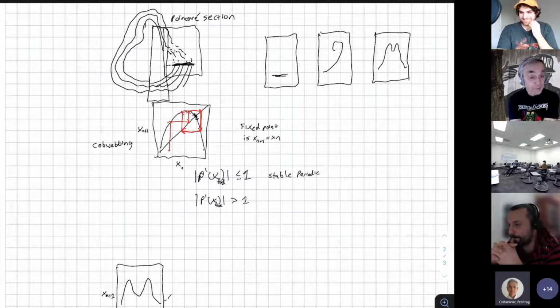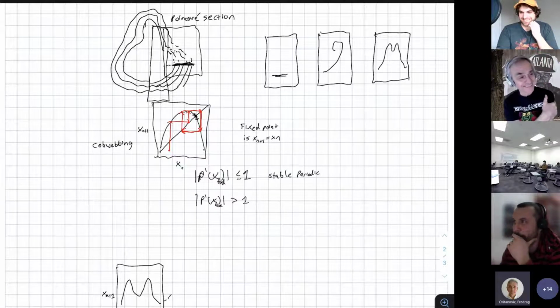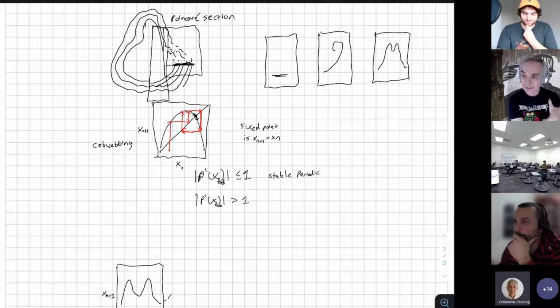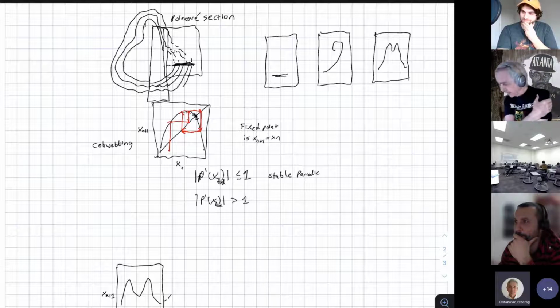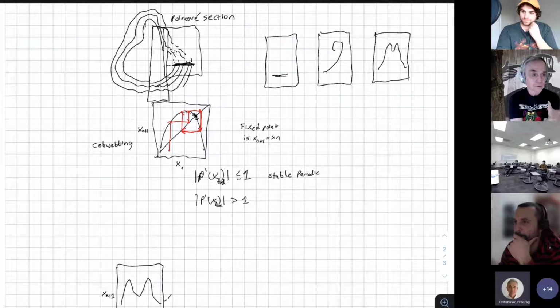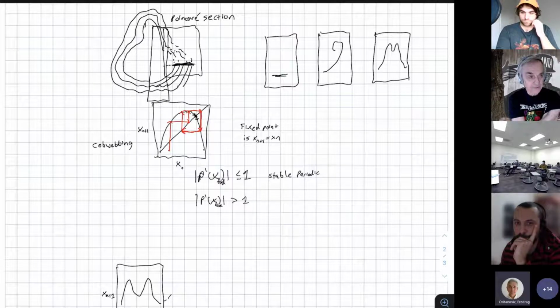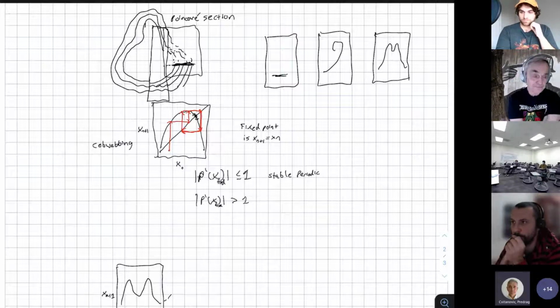But you have a chance: if you volunteer for something you actually want to present, just let me know and I'll include it. And we can stop earlier. We don't have to go the full class if there is no interest in discussion, because lots of time is already being used on reading the material and maybe watching other videos. That's perfectly okay. And if you want to discuss anything else, not necessarily Poincaré sections, maps, cobwebs, this is a good forum to do it.